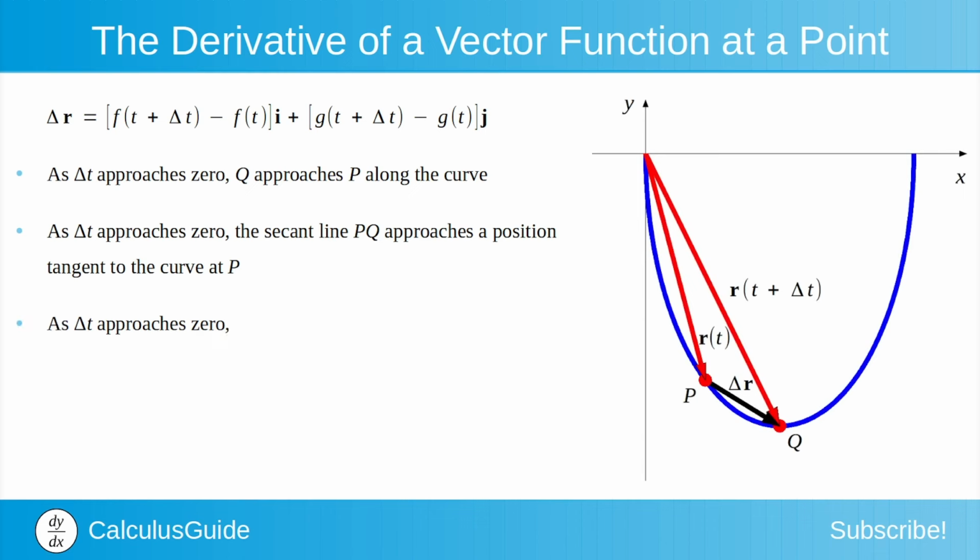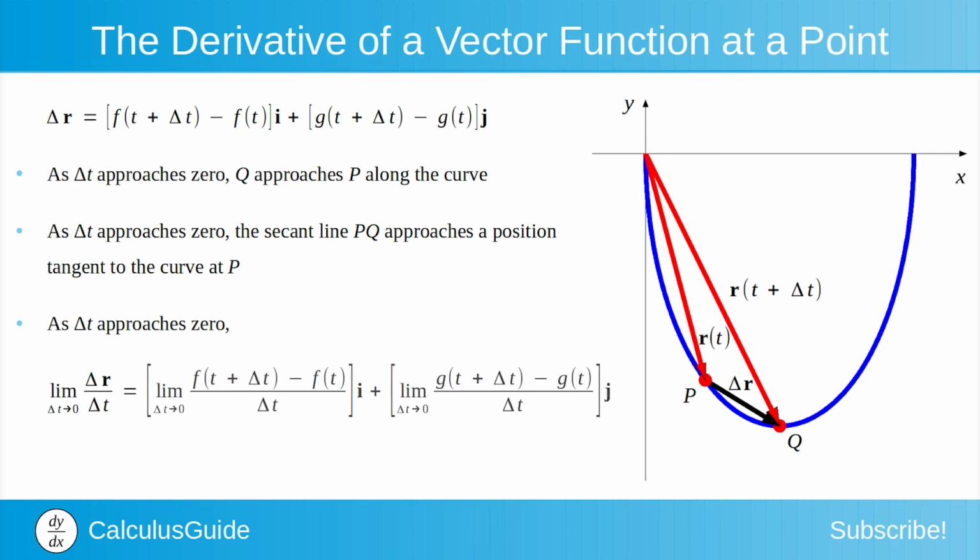And also, as delta t approaches 0, the quotient delta r over delta t approaches the limit, [the limit of f of t plus delta t minus f of t over delta t as delta t approaches 0] i plus [the limit of g of t plus delta t minus g of t over delta t as delta t approaches 0] j.